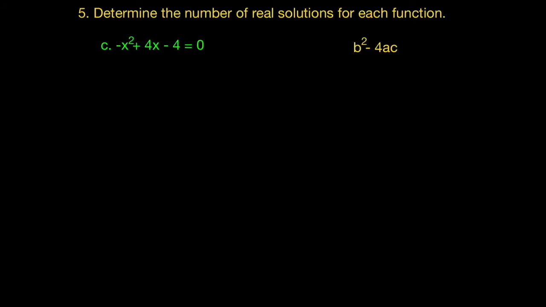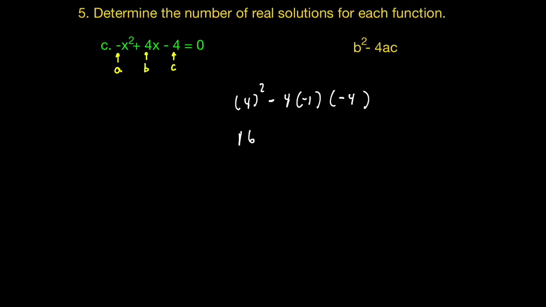Moving on to part C, we're going to do the same thing, identify A, B, and C, and then calculate the discriminant. So b squared, here we're going to have 4 raised to the second power. And we're going to subtract 4 multiplied by a multiplied by c. The a value is going to be negative 1, and my c value is going to be negative 4. So we're going to get negative 1 multiplied by negative 4. 4 raised to the second power is 16.